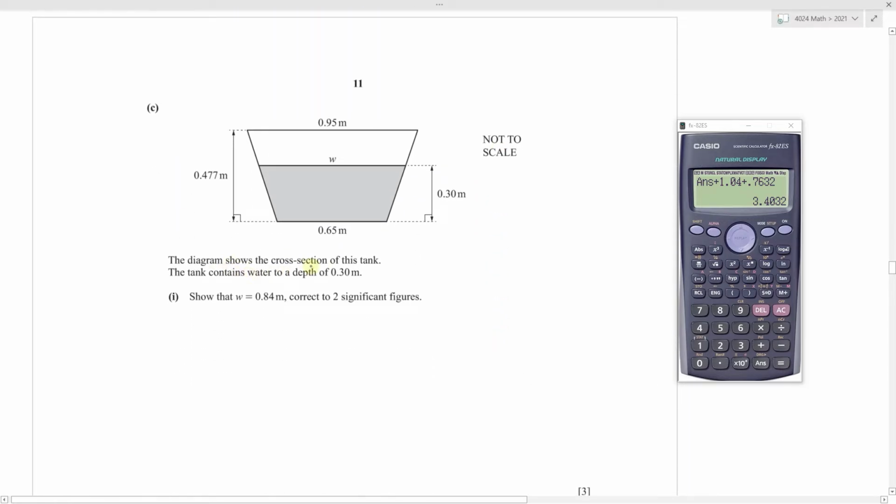Part C: the diagram shows the cross section of this tank. The tank contains water to a depth of 0.3. Show that W equals 0.84, correct to two significant figures.